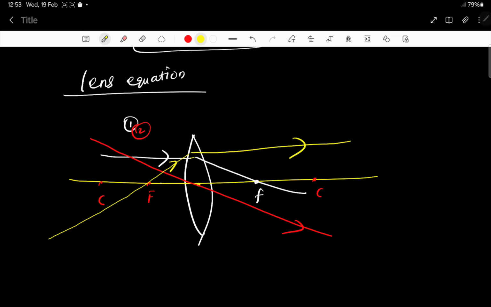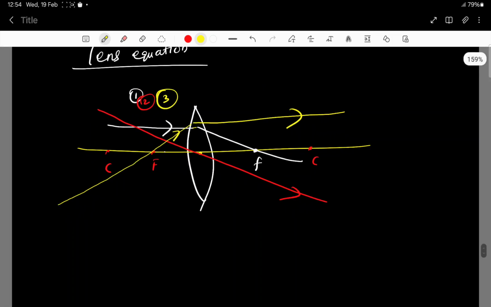It's exactly the inverse of rule 1. It's rule 3. Okay, and the fourth rule is the principle of reversibility. So with all these rules, we are able to construct the image locations easily.